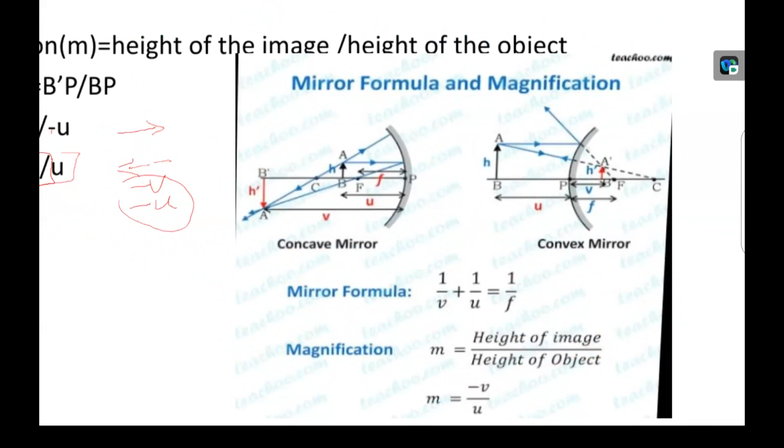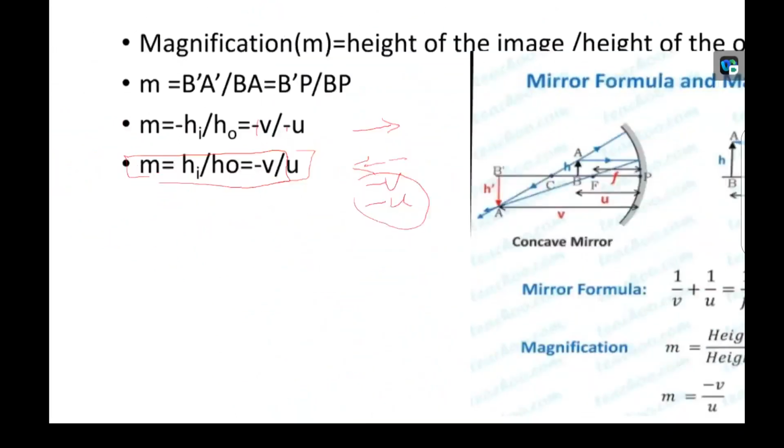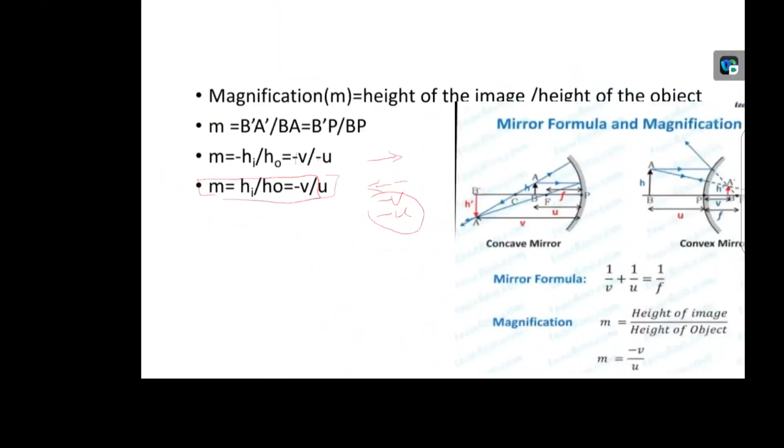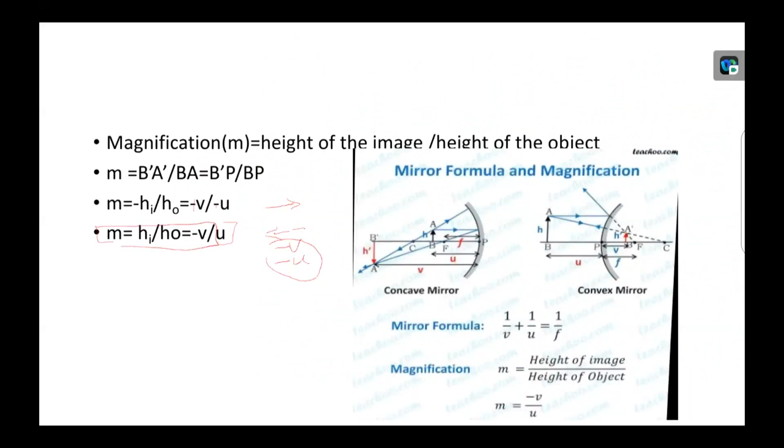These two formulas we have to remember for solving problems. This completes today's session: the relation between focal length and radius of curvature, and the mirror formula, 1 by f equal to 1 by u plus 1 by v. If you have any doubts you can ask in these two topics.